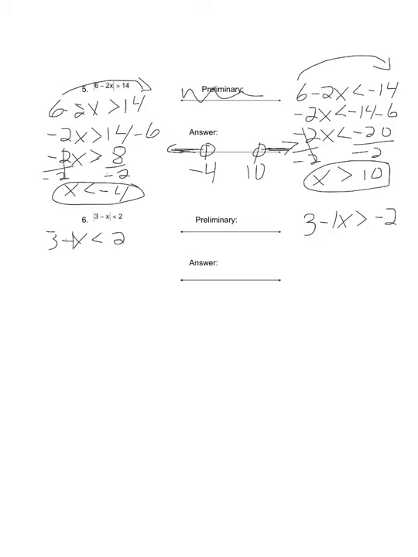First one, the negative 1x is already on the left of the bridge, so I write it down. Negative 1x less than, what was already waiting on me? 2. What am I moving across? 3 becomes a negative 3.